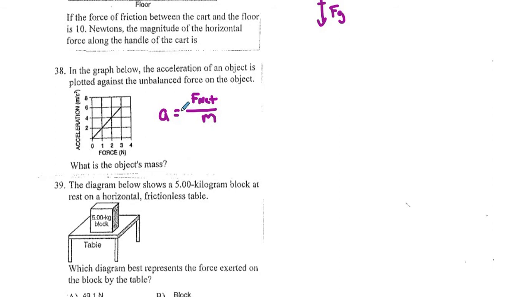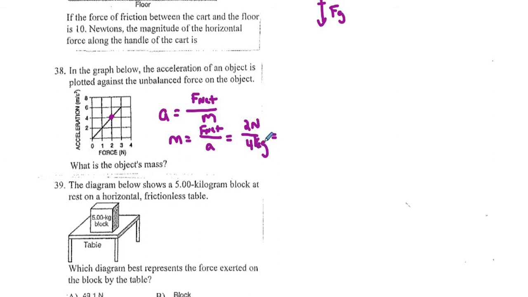If I rearrange that and solve for m, I have m equals F net divided by a. So I'm going to pick a point where I have an F net and an a. In this case, 2 newtons and 4 kilograms.